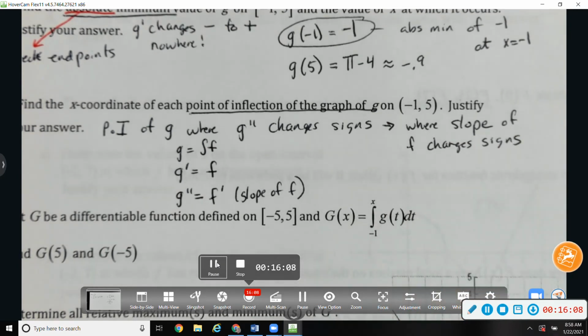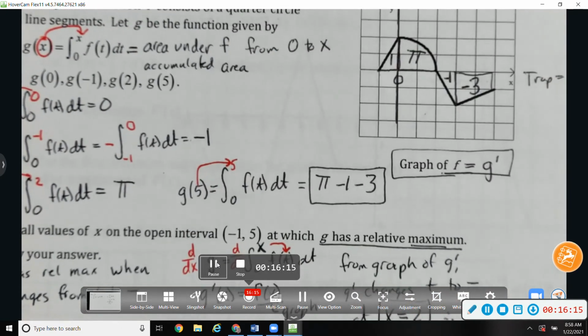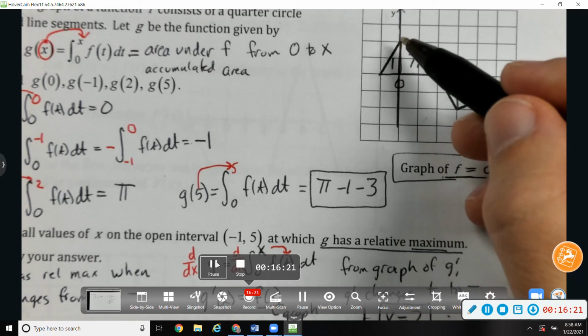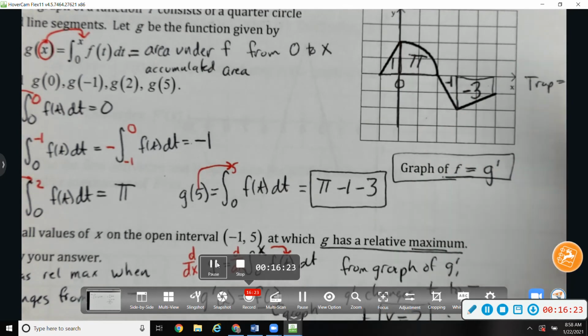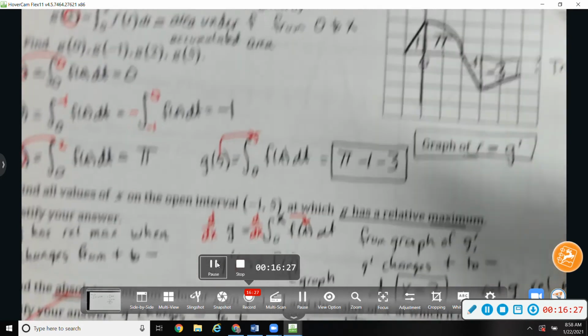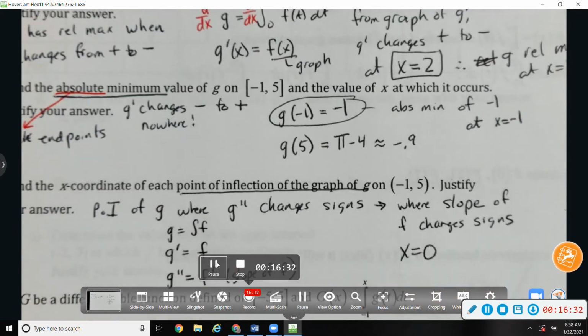Alright, well, I've got a graph of f, so I can just go look at my picture. And I'm looking for where the slope of the graph changes signs. So what is the first x value where the slope of f changes signs? 0. Positive, positive, positive, and then it flips to negative. So x equals 0 is one of my points of inflection.